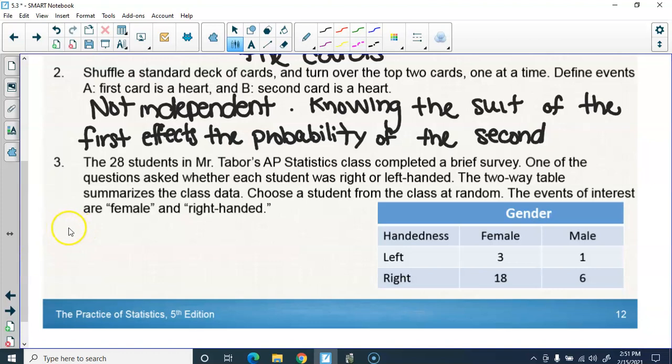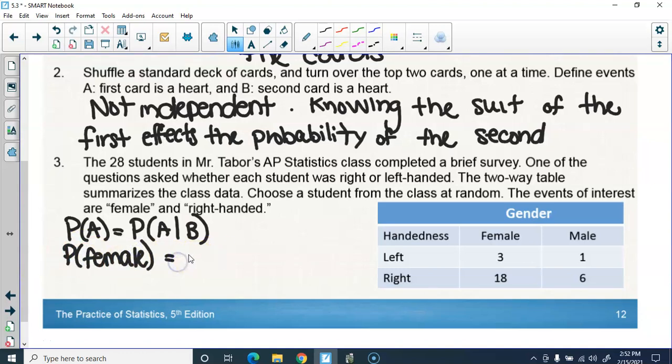And so what we have to test is, remember, the probability of A has to be equal to the probability of A given B. So let's find the probability of female, and whether that's the same thing as the probability of female given right-handed.